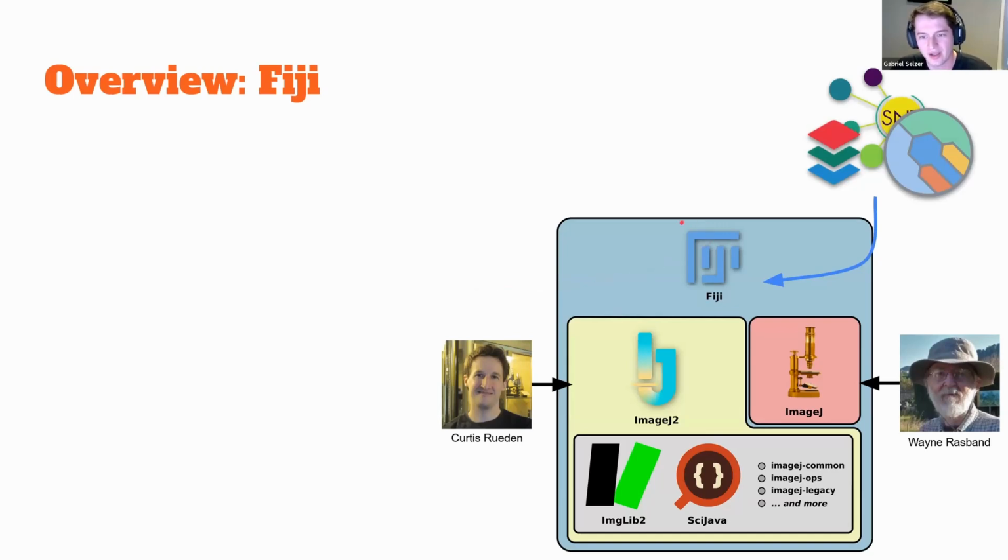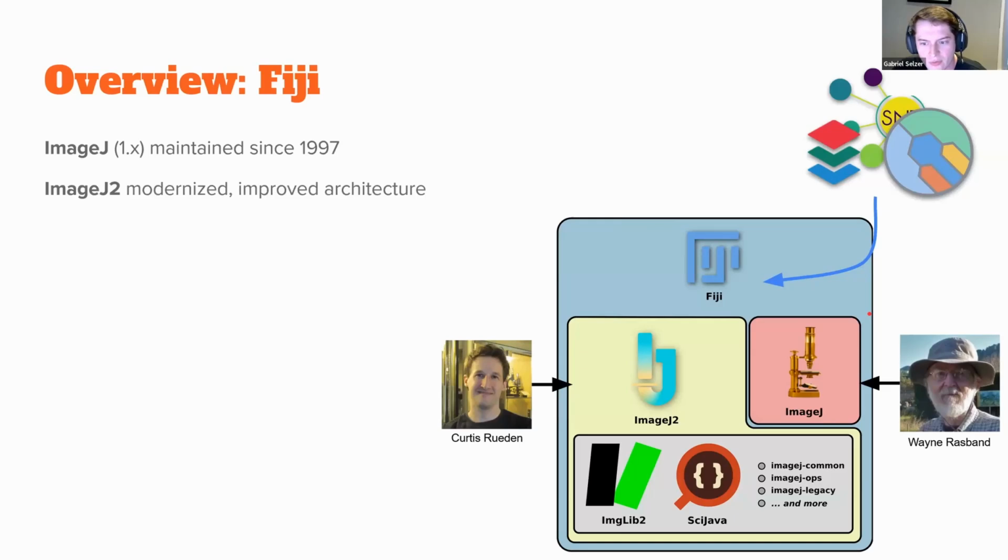Fiji is really a combination of a couple of different applications, one of which is the original ImageJ application, which has been developed for over 20 years now by Wayne Rasband, who was at the time at NIH. It also includes ImageJ2, which is developed at LOCI by Curtis Rueden, among many others.